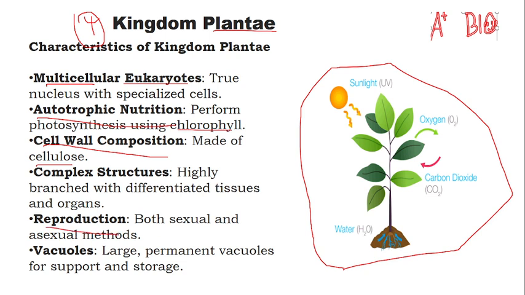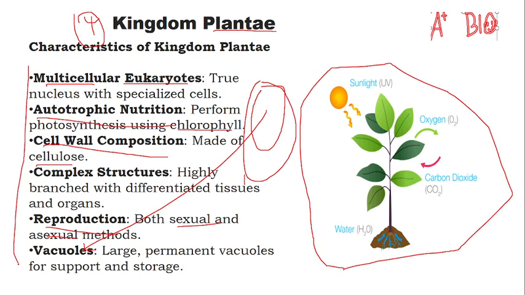The mode of reproduction is usually sexual and asexual. At the level of the plant cell, they usually have a large vacuole. Those are the characteristics of the kingdom Plantae.